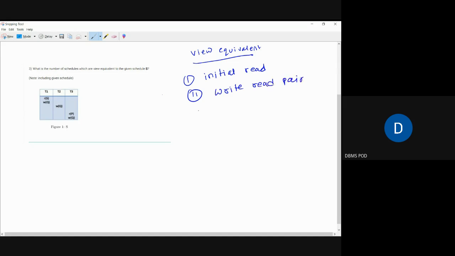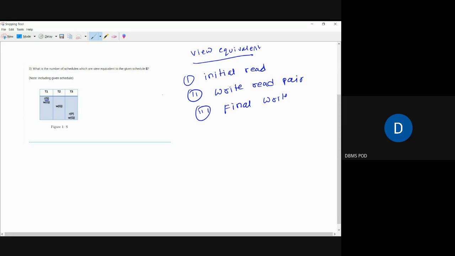Then you have to see the final write, right? Initial read of S is done by T1, right? RS in T1 and RP in T3. Yeah, RP in T3, right? Correct.